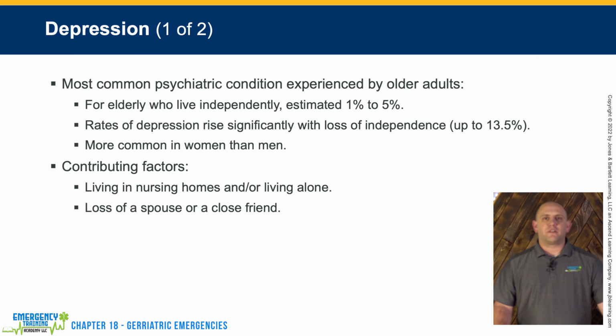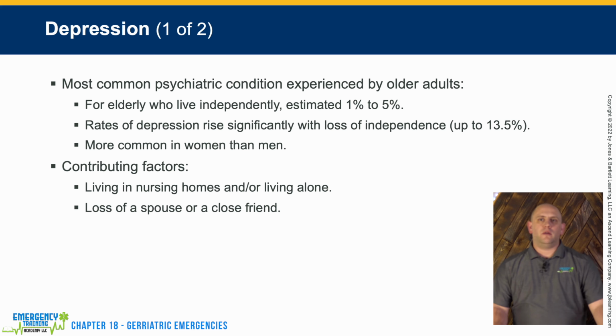Our elderly patients will often see an increase in depression and other psychiatric conditions. With our elderly patients, as part of that natural decline, we will start to see some psychiatric conditions. The most common psychiatric condition that we're going to see in our elderly population is depression.